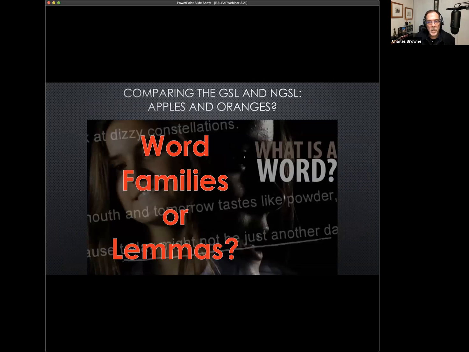Now, one thing to just briefly talk about is the difference between word families and lemmas. The old general service list was kind of word family based, whereas our list and many of the other modern lists today are more lemmatized, or some people use the word phlegma or modified lexeme.